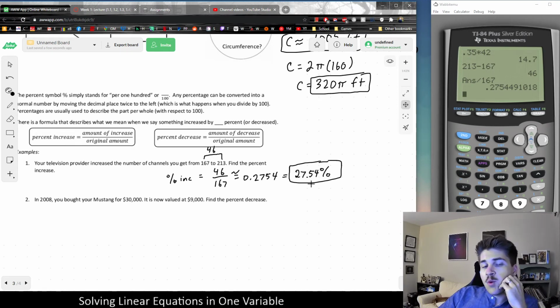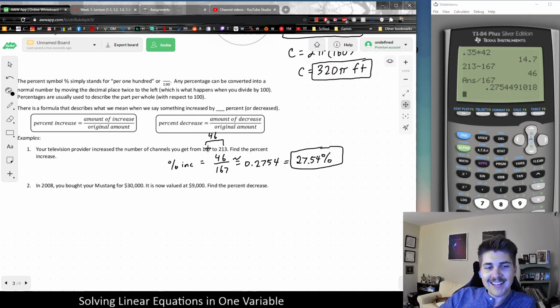If you're ever wondering what this number means and how to really understand what percent increase does: if you were to apply this percentage to the original and then add it, this is the amount you've grown from the original. So if I take my original amount of channels and multiply it by that percentage, I want to make sure to multiply it by its decimal form, not its fraction. I'm going to use a little bit more decimal accuracy to make sure it's closer, so I'll just use the full number.